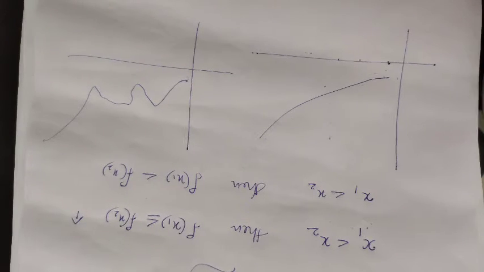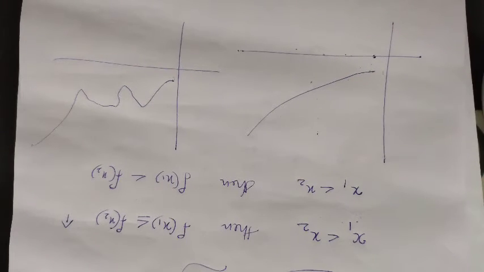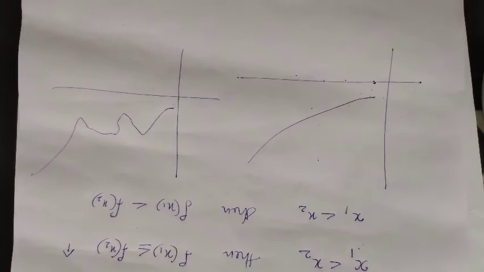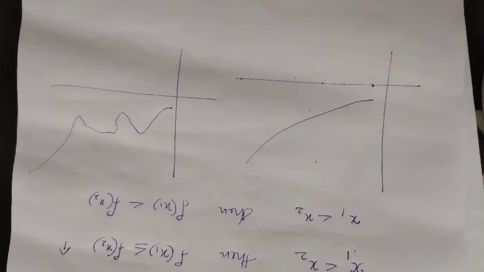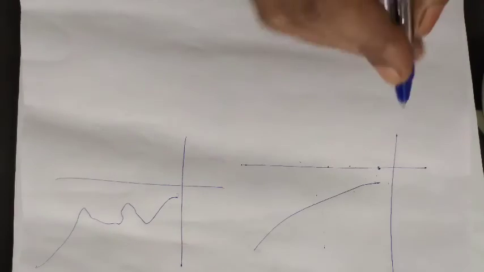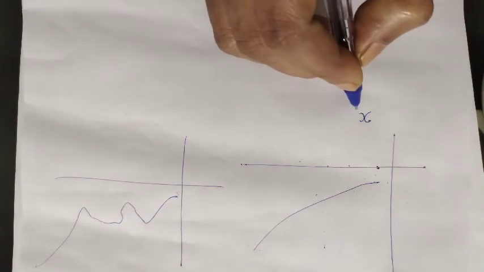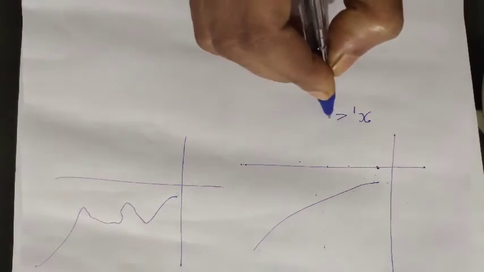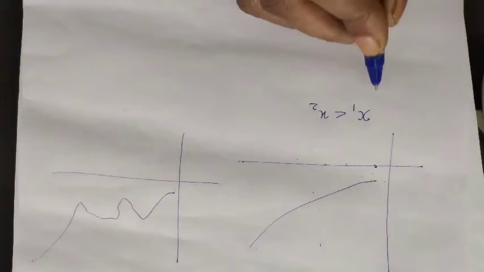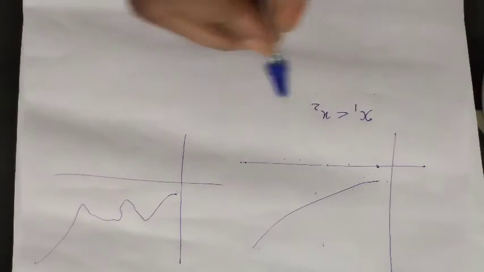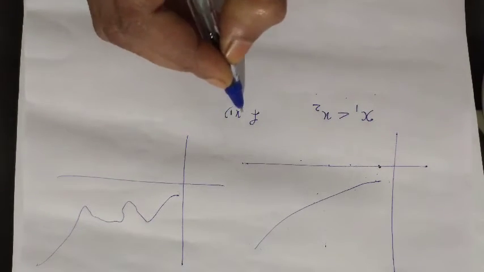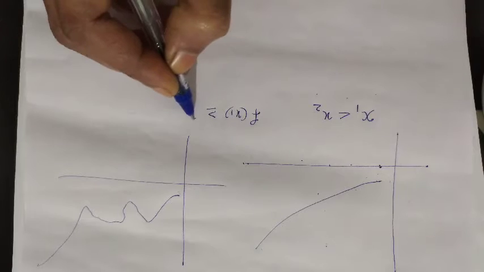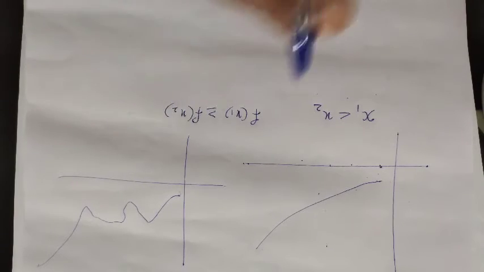Then what is a decreasing function? Can you say what is a decreasing function? Yes, a decreasing function means if x1 is less than x2 in the domain, then f of x1 is greater than or equal to f of x2, not the same change.